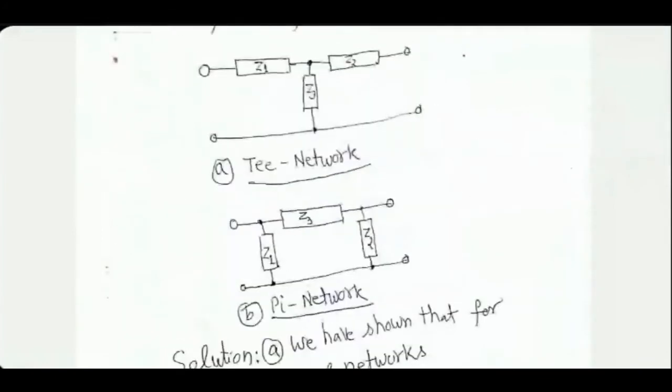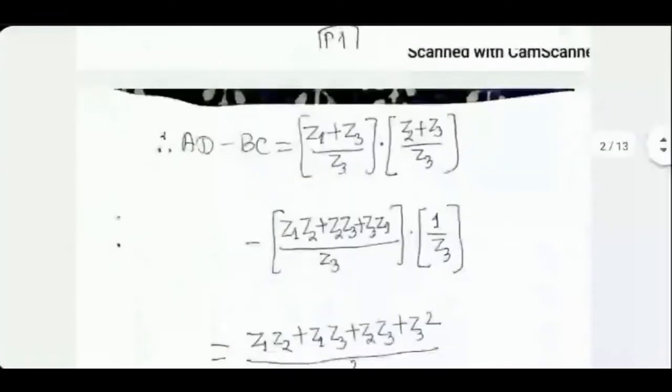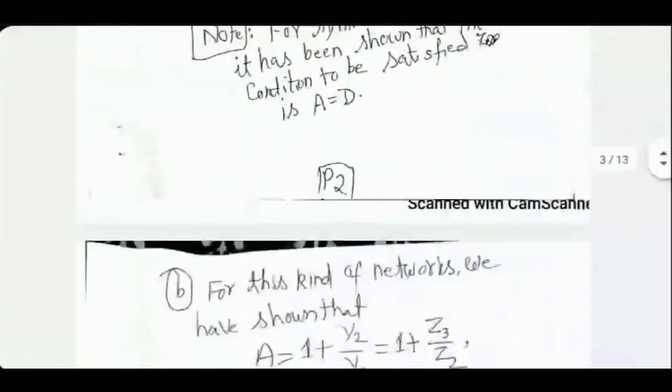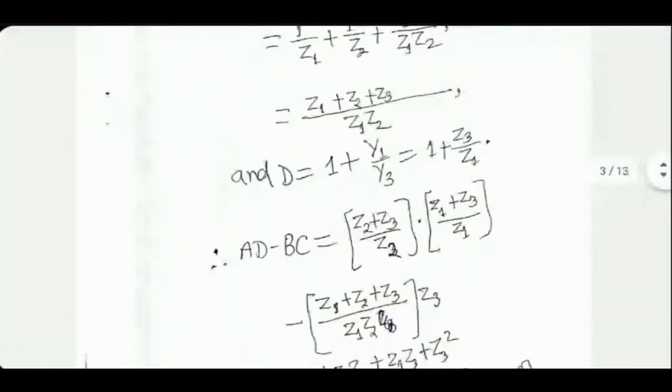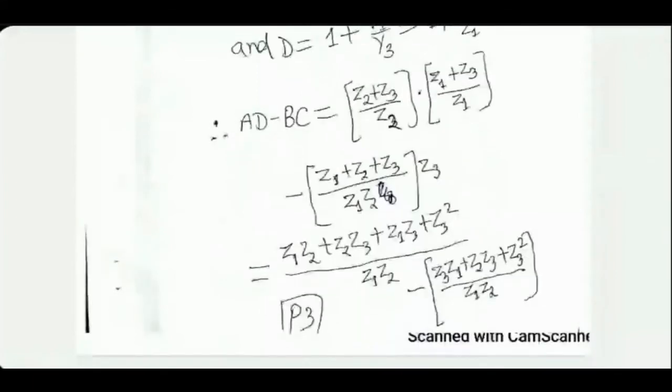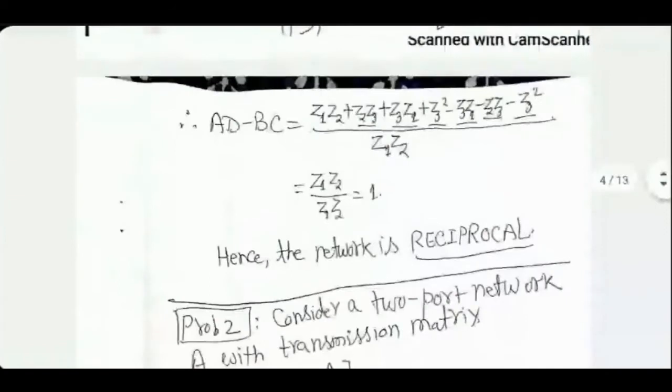So note that Y1 is 1 upon Z1, Y2 is 1 upon Z2, and Y3 is 1 upon Z3. Using that, the formulas we obtained in the previous problem need to be rewritten in terms of Z1, Z2, Z3. And then we make the check, AD minus BC. It turns out to be 1 again.